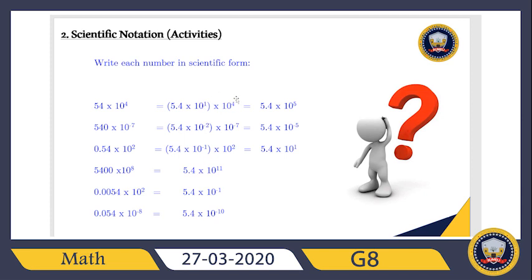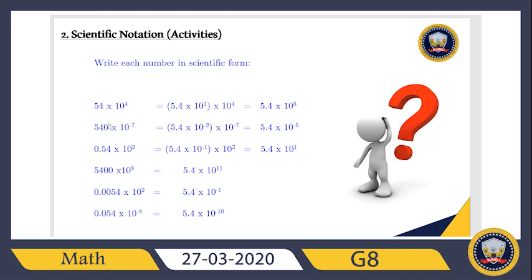Is this right? No, we will add them. So 10 to the power of 1 times 10 to the power of 4 is 10 to the power of 1 plus 4, which is 10 to the power of 5. So this number is equal to 5.4 times 10 to the power of 5. The 5 comes from 1 plus 4 because I have the same base here.